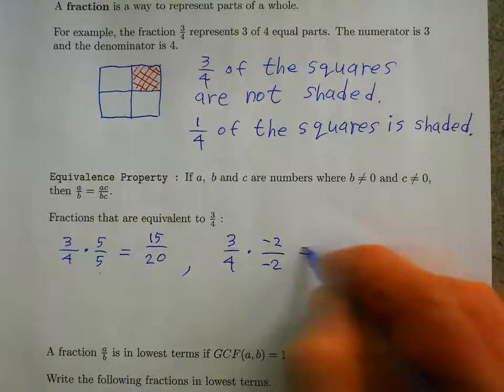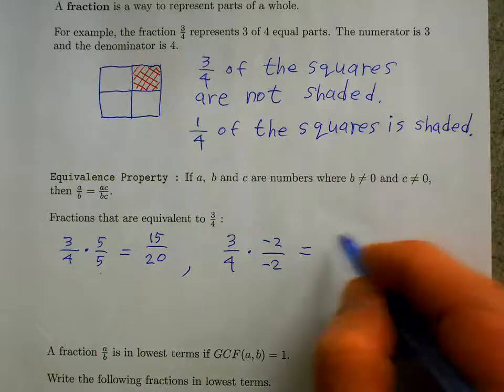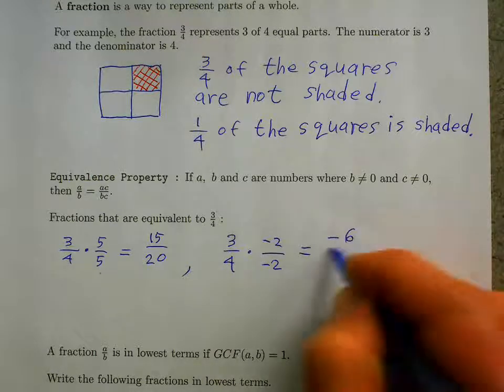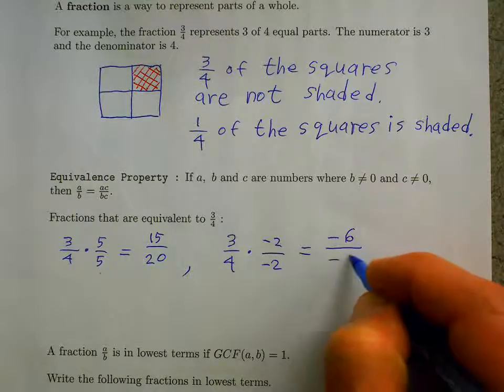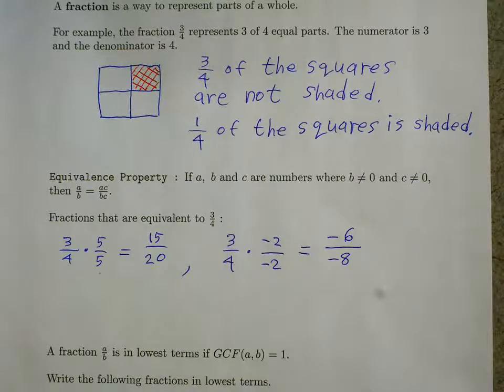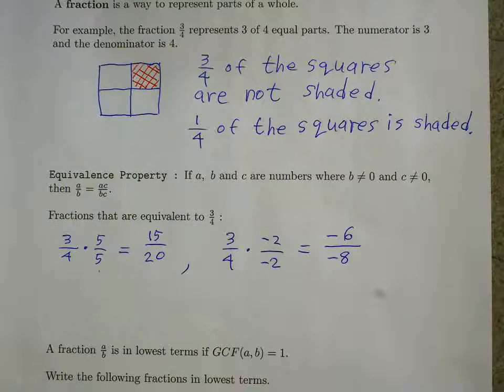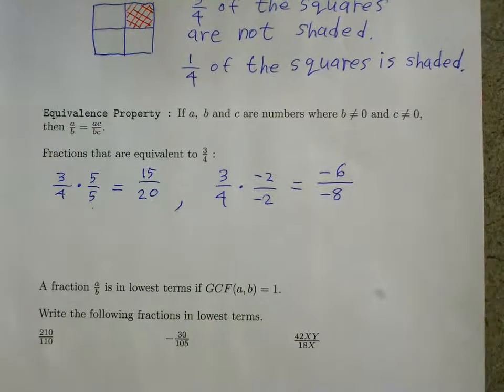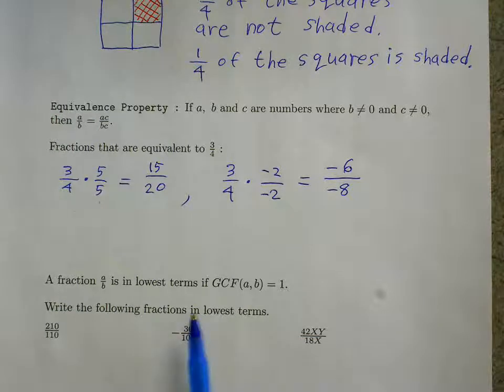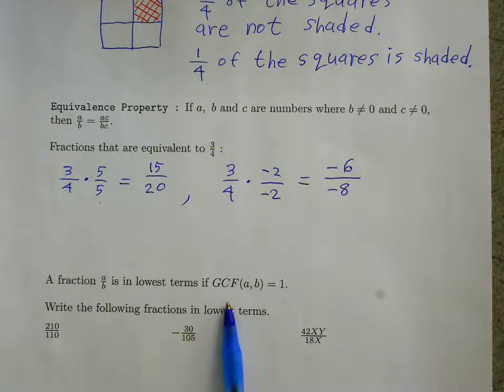And this time the equivalent fraction that we get is -6 over -8. Okay, that's just a couple of equivalent fractions to 3/4. Hey, a fraction a over b is in lowest terms if the greatest common factor of a and b is 1.